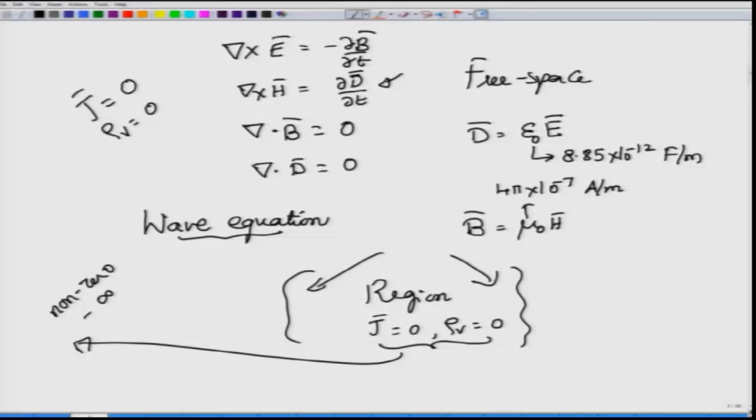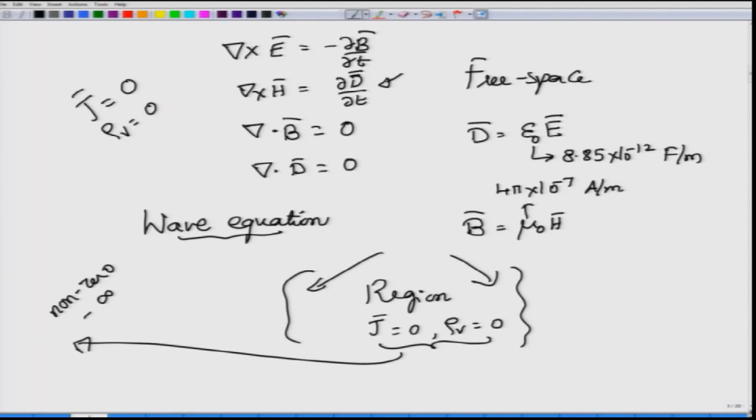Of course, because this is free space, E is related to D and H is related to B. This relation is via the permittivity, which in vacuum or free space has a numerical value of roughly 8.85 into 10 to the power minus 12 farad per meter, and the magnetic permeability of the medium is by definition equal to 4 pi into 10 to the power minus 7 henry per meter.